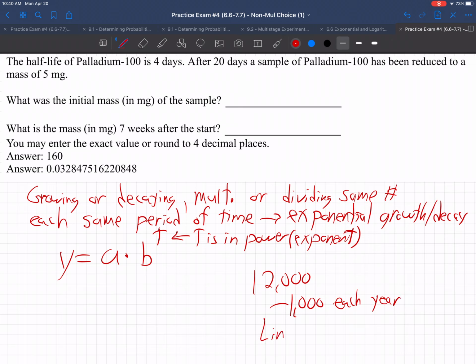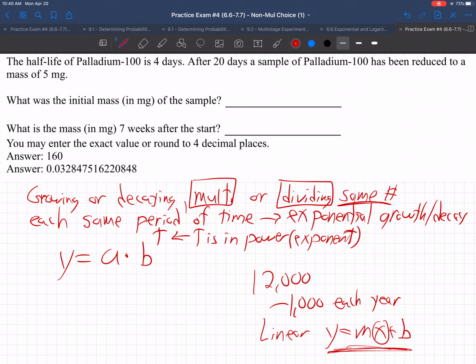That would be linear. That would be just y equals mx plus b. X would just be on the base level, not in the power. So if you're just subtracting or adding the same amount every period of time, that's linear. That's not very fast. But if you're multiplying or dividing the same number each same period of time, that's fast.